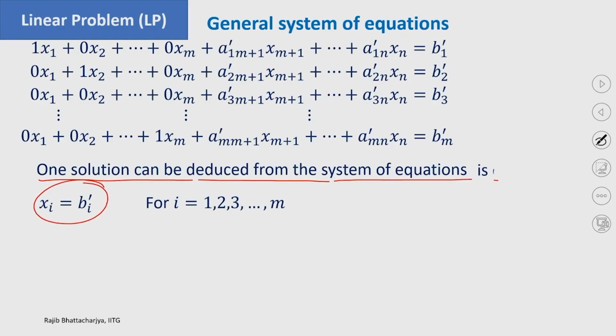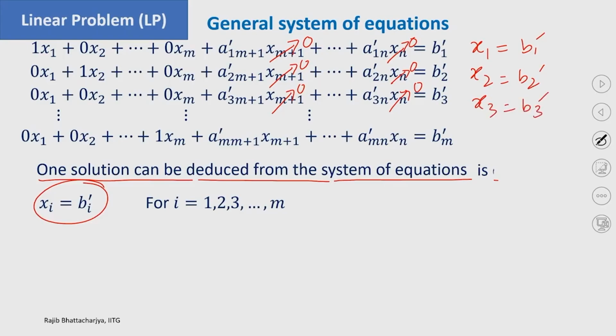Suppose I say that this particular variable is equal to 0, and this one is equal to 0. Then I can say that x 1 equal to b 1 dash. Similarly, if this is 0 and this is 0, then x 2 equal to b 2 dash, and similarly, if this is 0 then x 3 equal to b 3 dash.